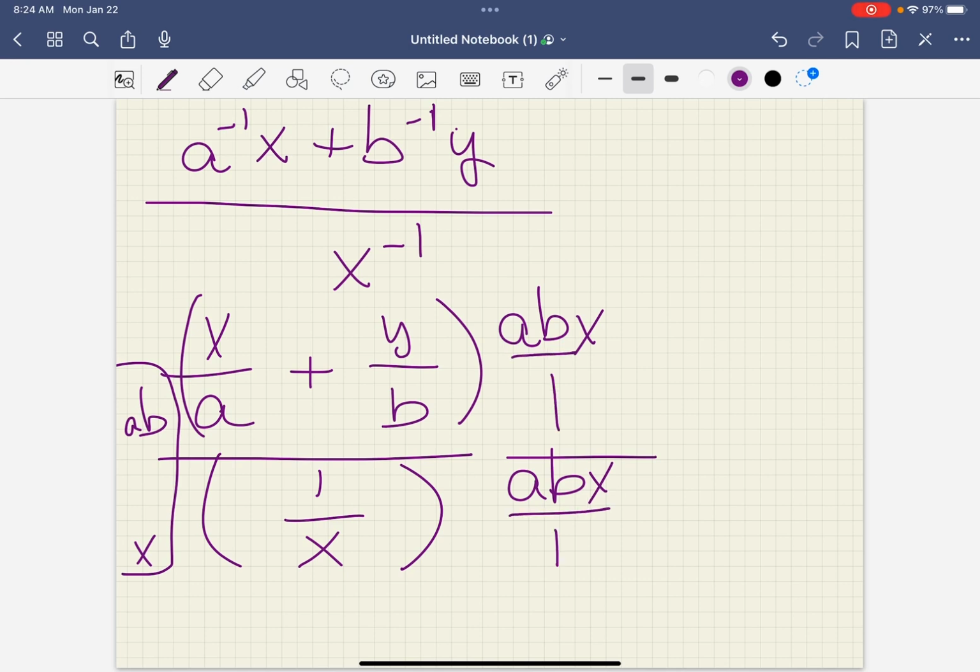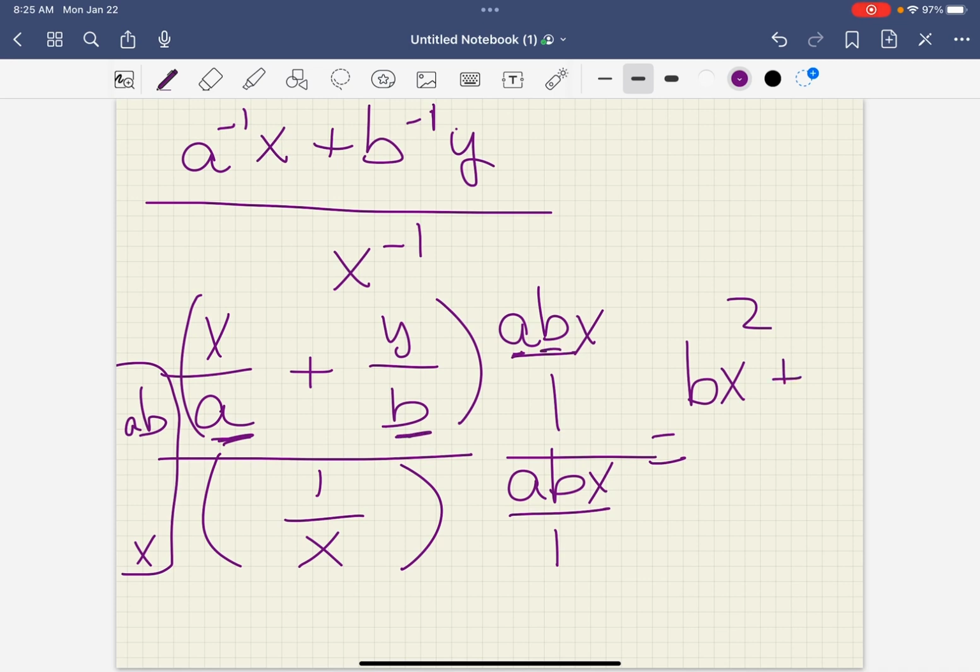And again, I'm just going to put it over 1 so we can see what cancels. All right, so here, the a is going to cancel and leave me with the bx. So I multiply bx times x and get bx squared plus.